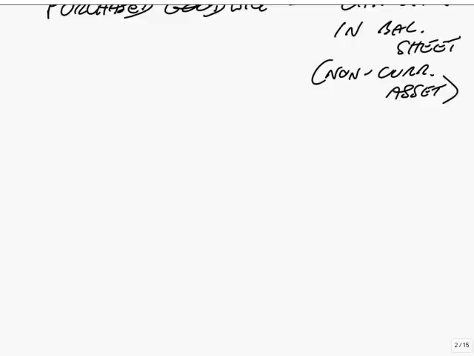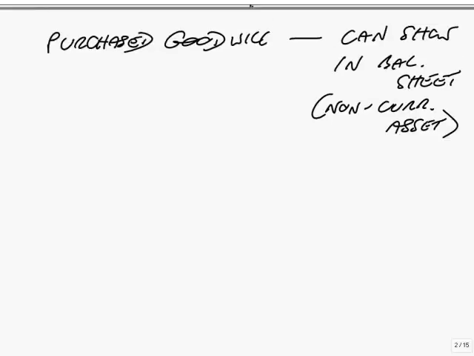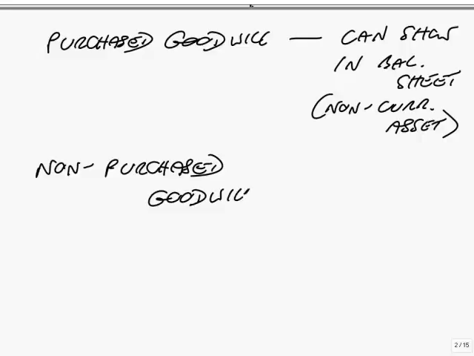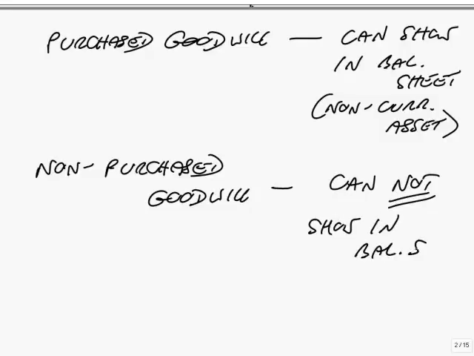I may well have generated goodwill, but just because I've grown it, I think you know what I'm trying to say, I haven't actually bought it from anybody. We're not allowed to show it. We call it non-purchased goodwill. You cannot show it. Which I think is very sensible.